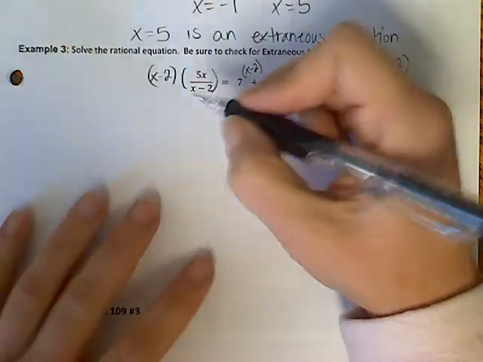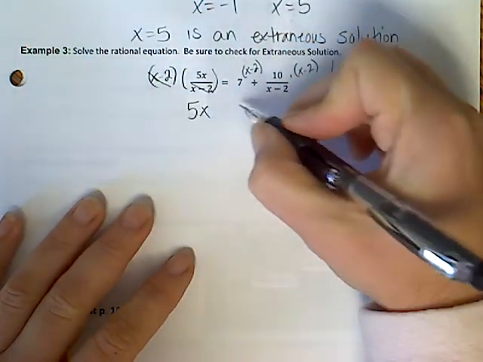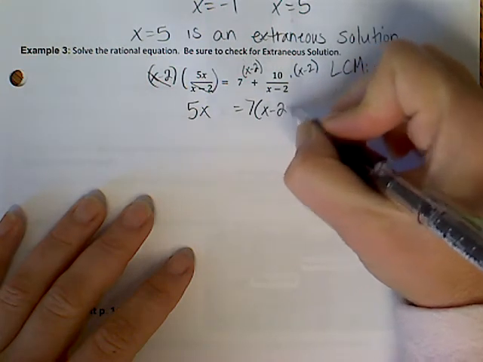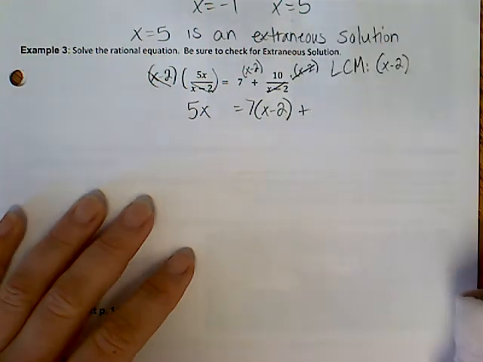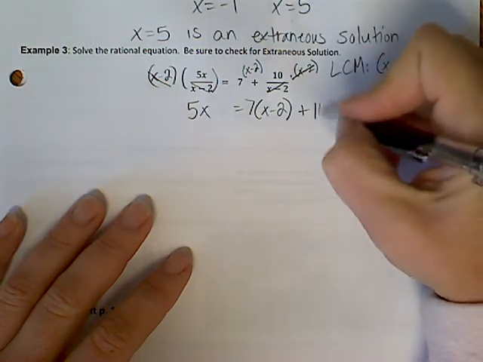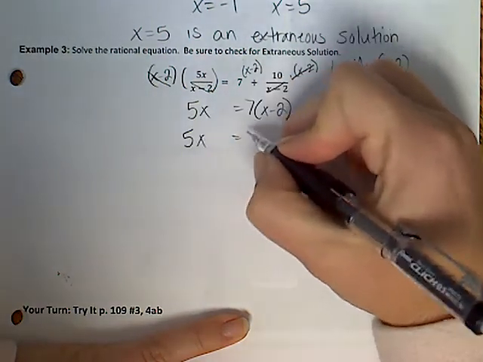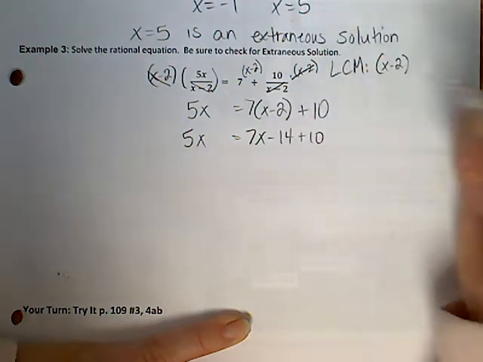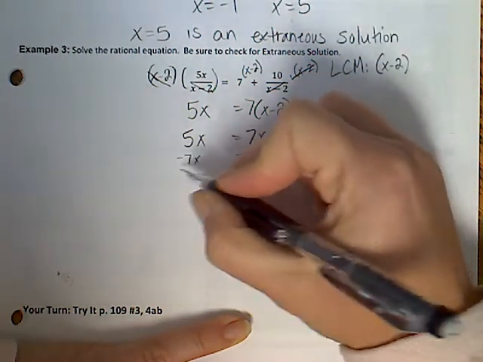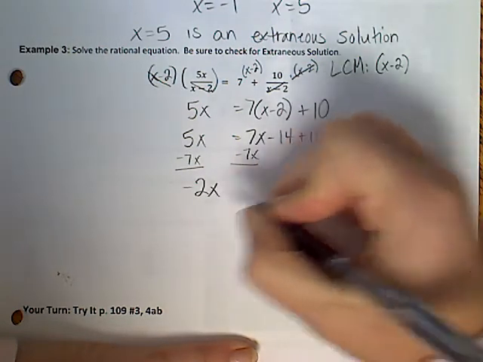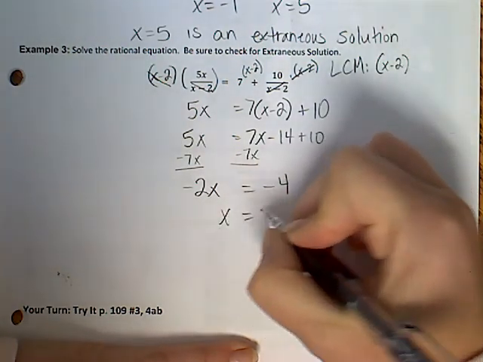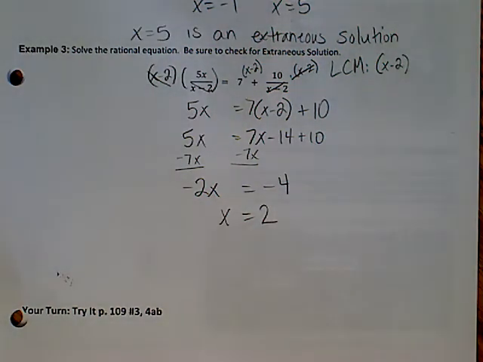So these will cancel, and I'll just have 5x. 7x minus 2 plus, those cancel, and all I have is a 10, right? So 5x equals 7x minus 14 plus 10. Solve, go, go, go. Negative 2x equals negative 4. Okay, so this is nice, x equals 2.